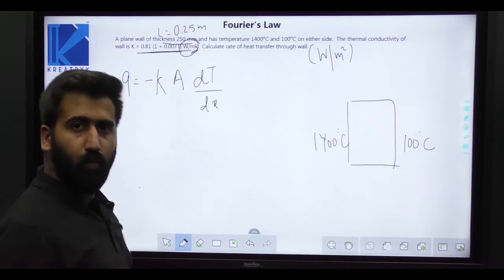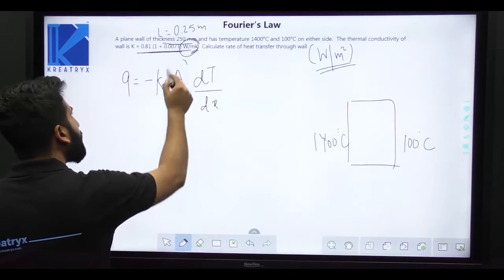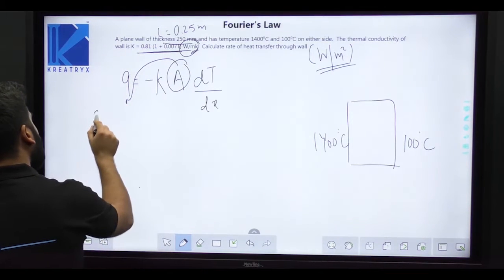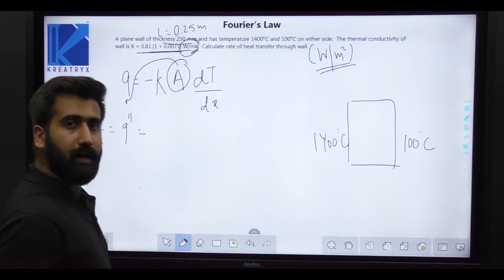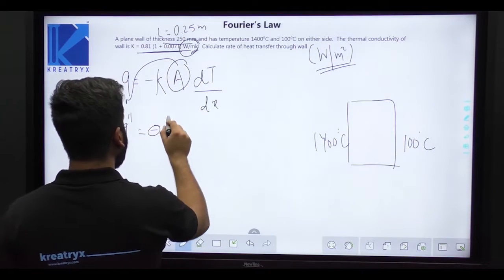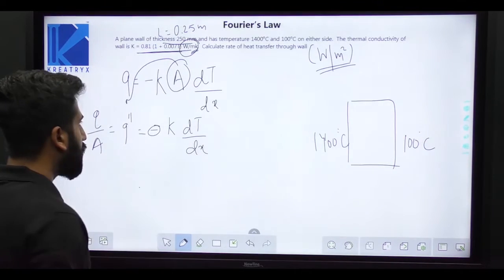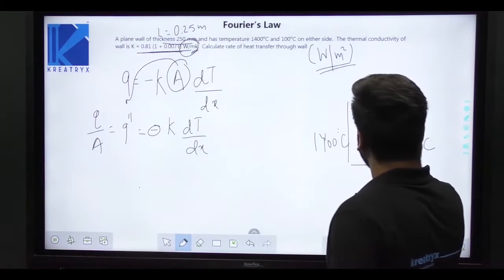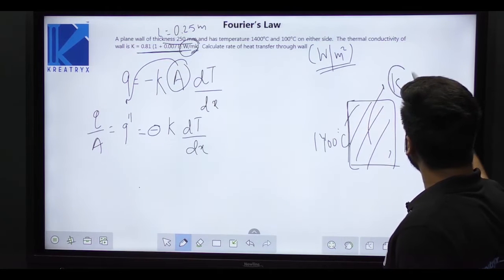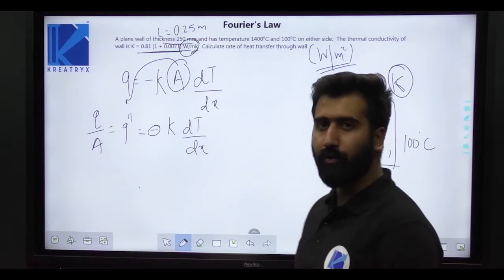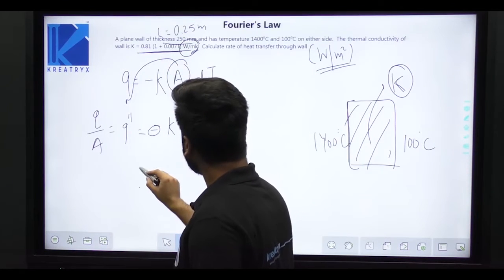Now we have to find this in watt per meter square, so take this A below Q. So this will be Q by A, that is Q double dash, which is heat flux, equal to minus K dT by dx. Now K is actually varying with the temperature, so you know that you will have to integrate to get the answer.